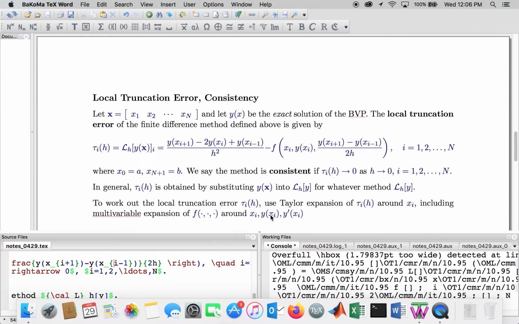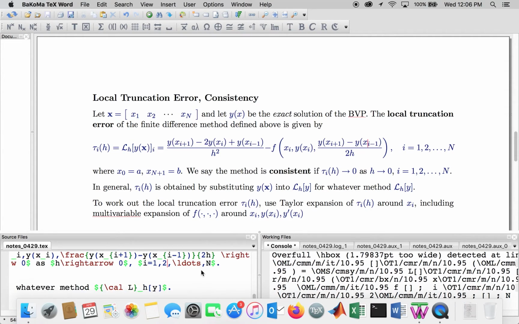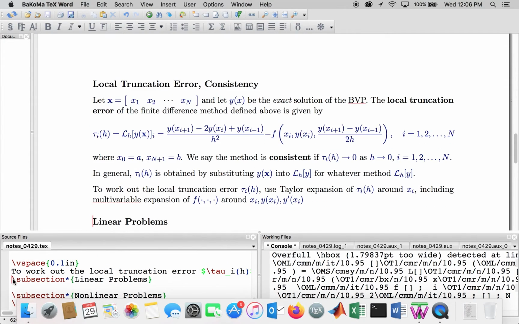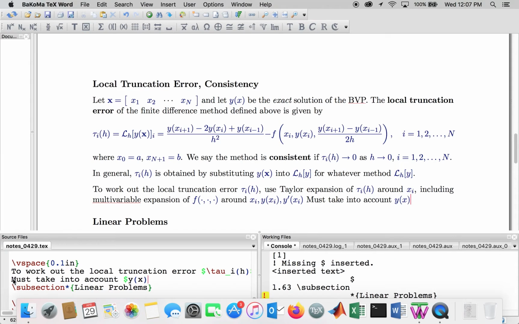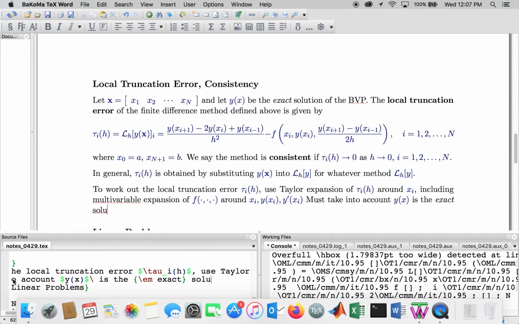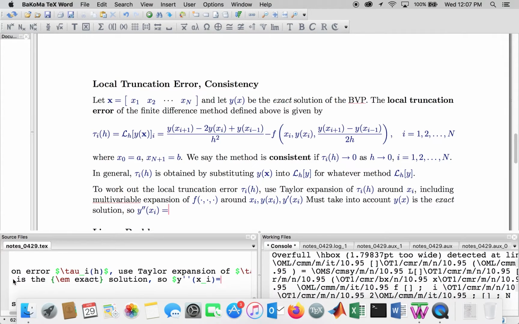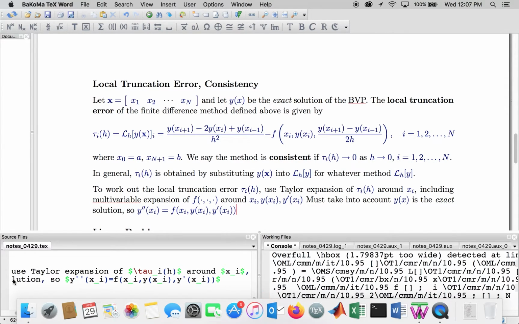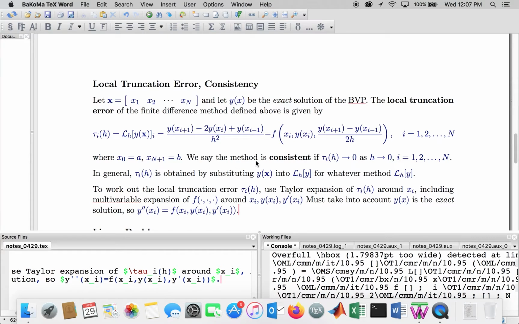Now, this is true in general when evaluating local truncation error: you have to include that y of x, the exact solution at xi, is equal to f of xi, y of xi, y prime of xi, in order to make your expression for local truncation error as simple as possible.